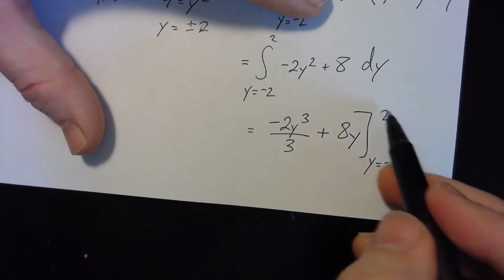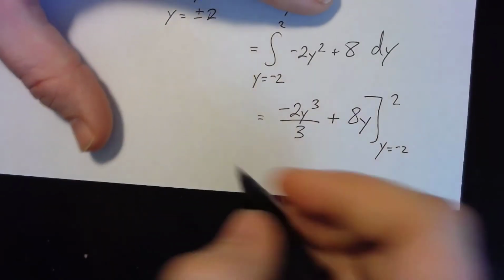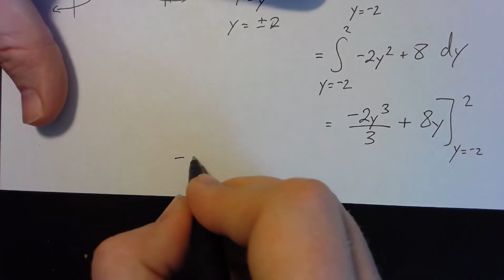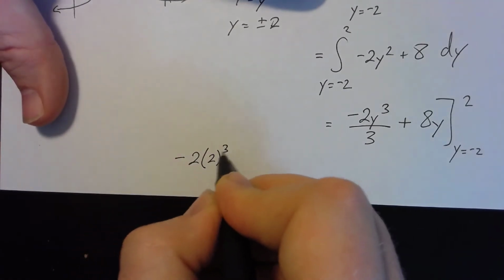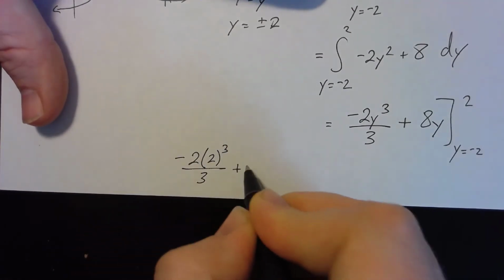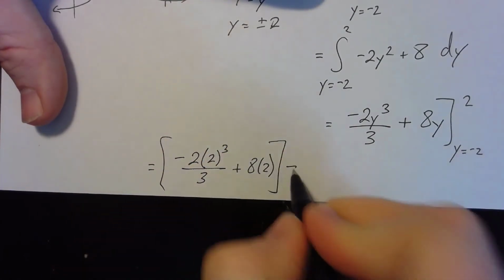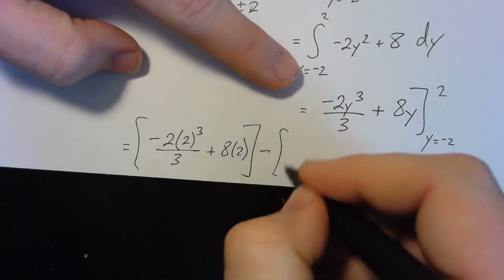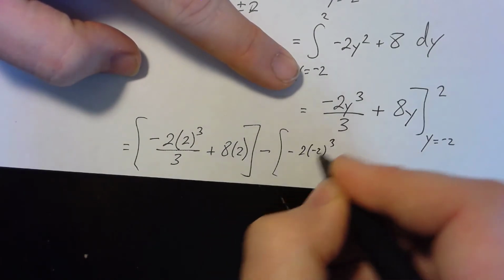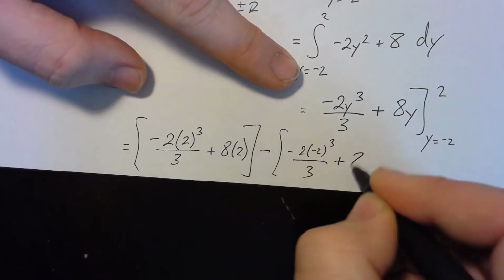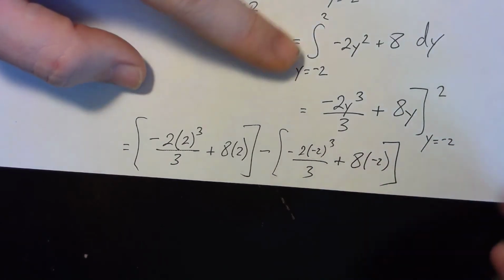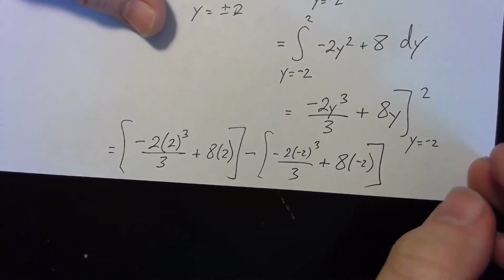I will then plug in 2 as my upper bound, and then I will plug in -2, giving me -2 times 2 cubed divided by 3 plus 8 times 2, I'm going to throw that thing in brackets, minus, plugging in the -2 case, giving me -2 times -2 cubed divided by 3 plus 8 times a -2.